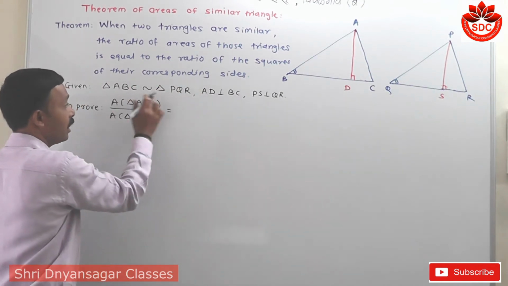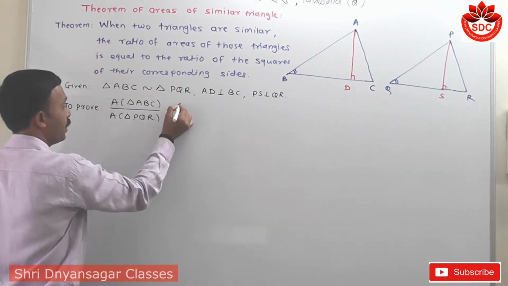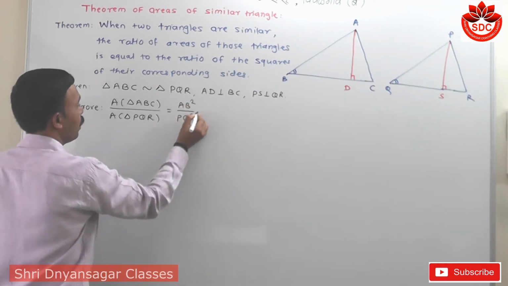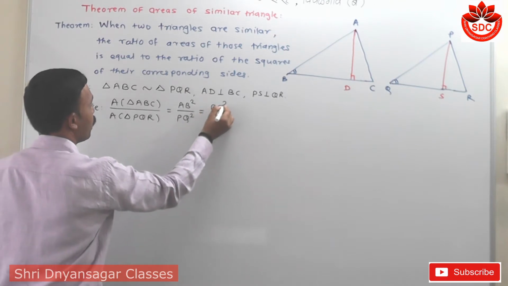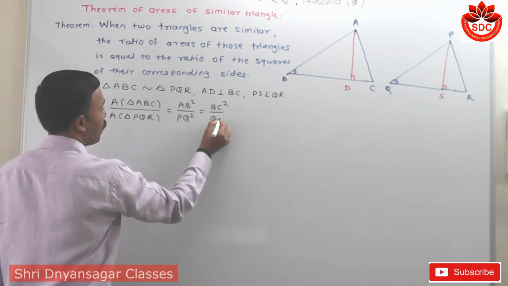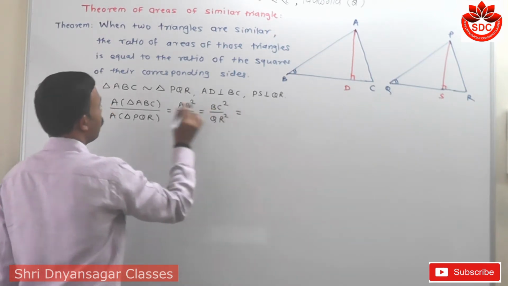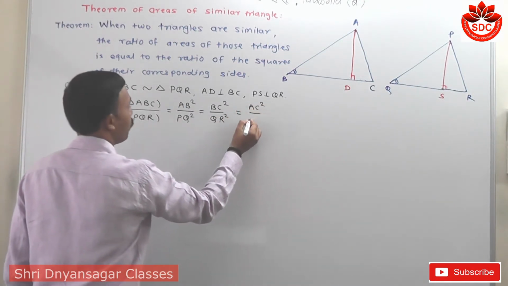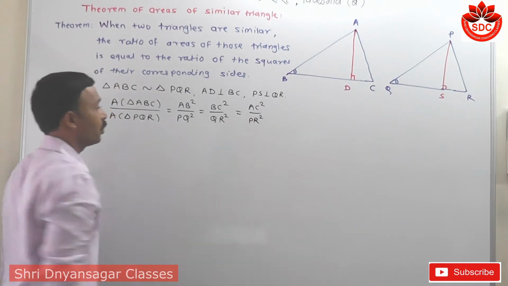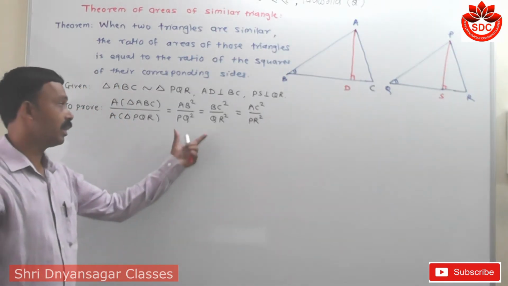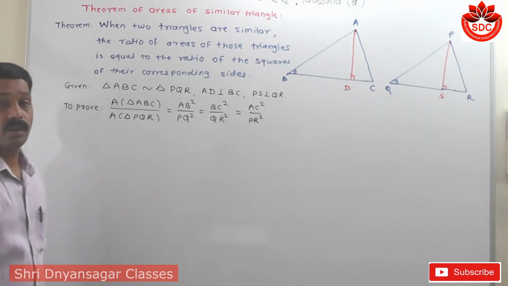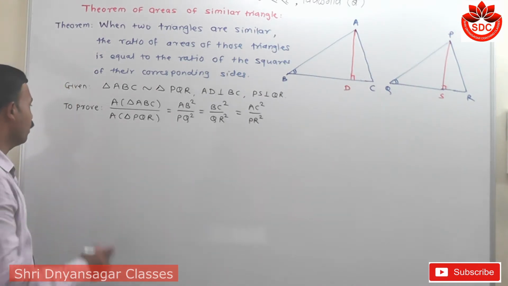Means that the corresponding sides of these similar triangles: AB square upon PQ square is equal to BC square upon QR square is equal to, third one, AC square upon PR square. We have to prove this. Okay students, this is what we have to prove.